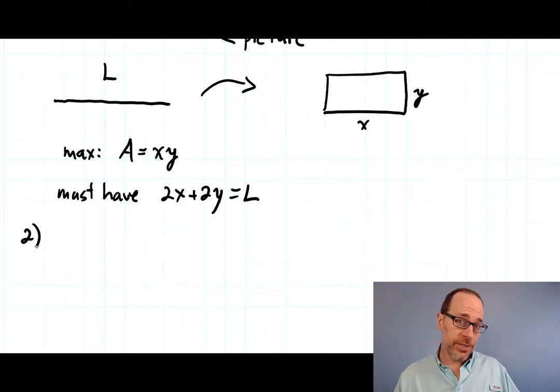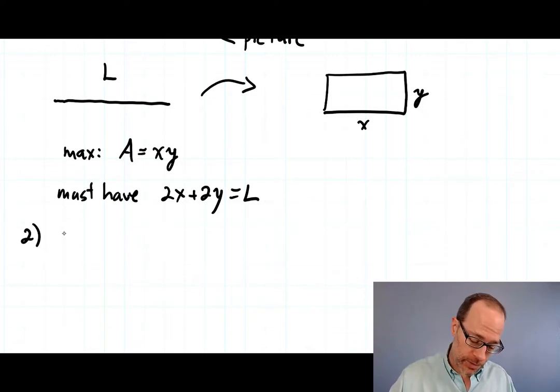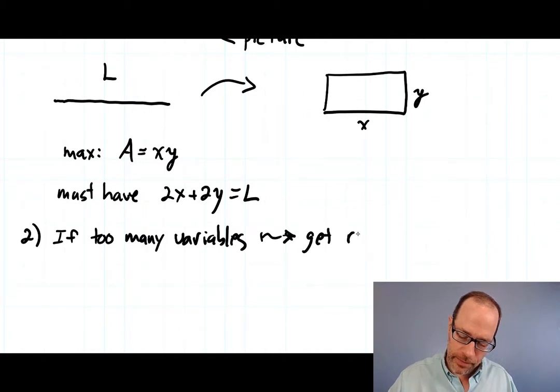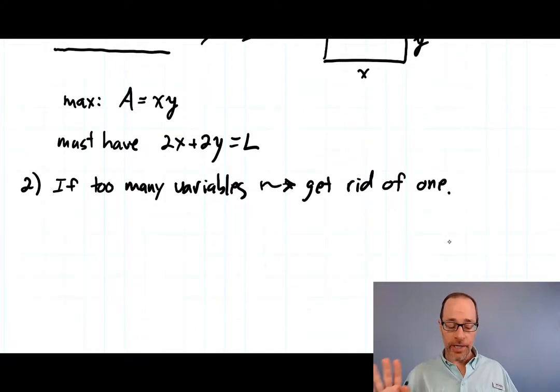We're expecting to do some single variable calculus, probably a derivative down the line, but we've got x's and y's here. So when you have too many variables, then we want to get rid of one. Okay, and that's the case here. Too many variables, want to get rid of one.